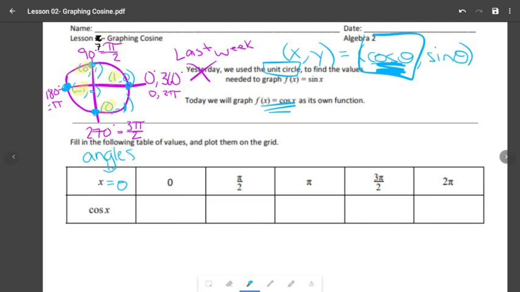When my angle is 0, that's over on the right, the x coordinate for cosine is 1. When my angle is pi over 2, that's up at the top of the unit circle, the x coordinate is 0.